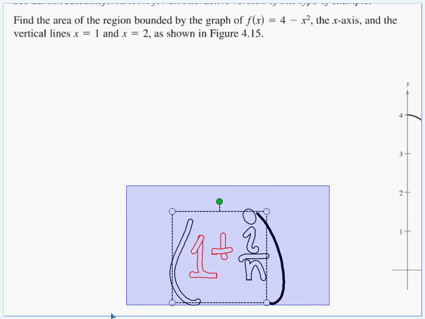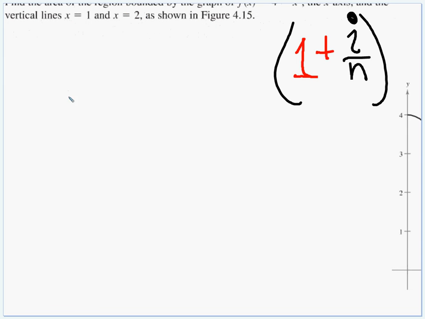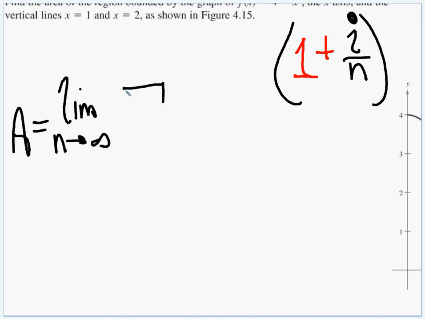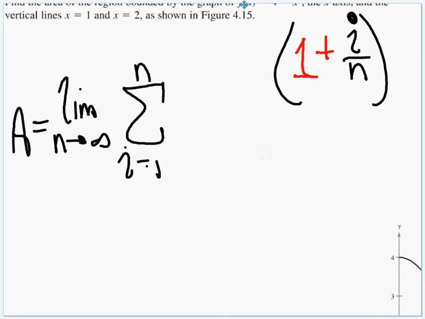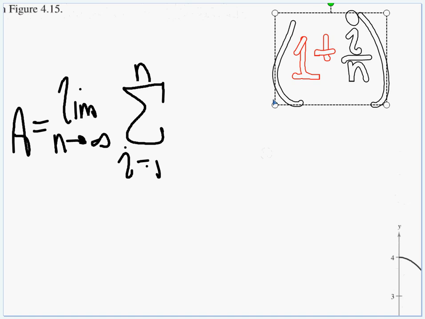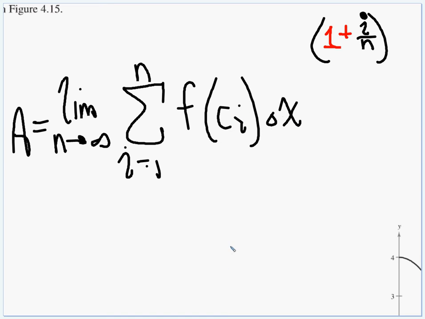All right, let me move this up here. And we're ready to get started. Area is equal to the limit as n heads to infinity, the summation from i equals the first rectangle to the last, of f of c sub i, again just using our function notation, times delta x.